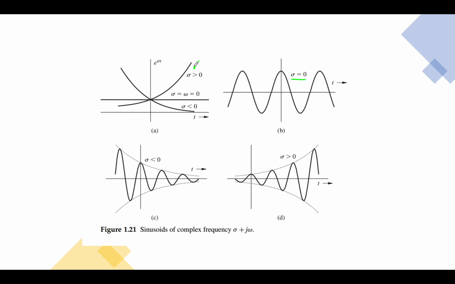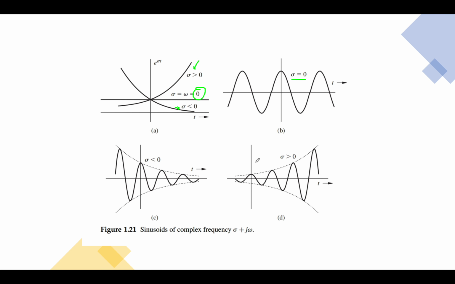Here's your exponential growth, your exponential decay. No sinusoidal oscillation because omega is equal to 0. If they're both equal to 0, the line is flat. Here is an exponentially damped sinusoid, and here is an exponential growth sinusoid.